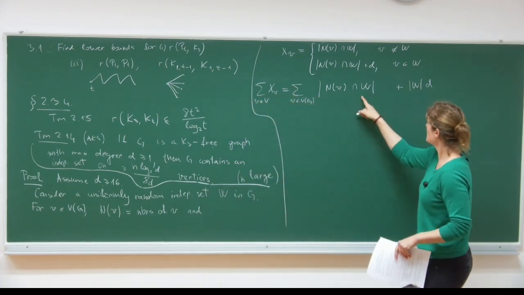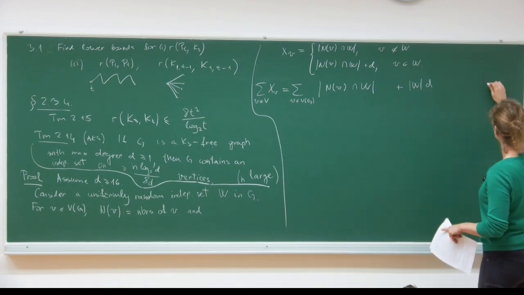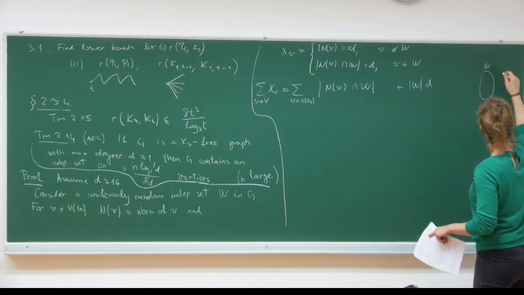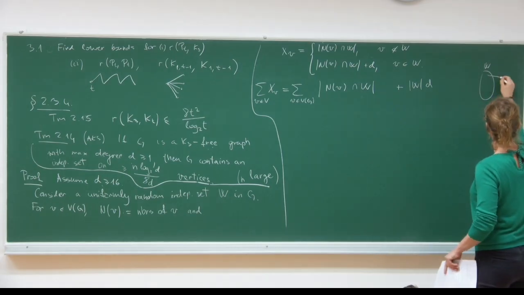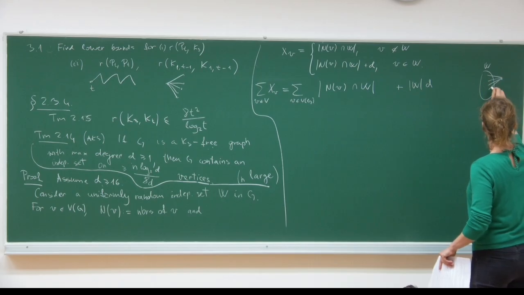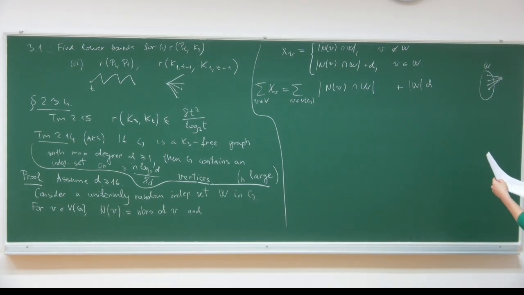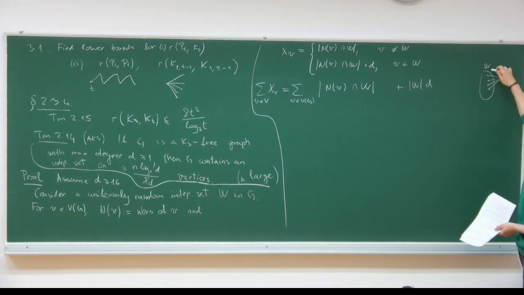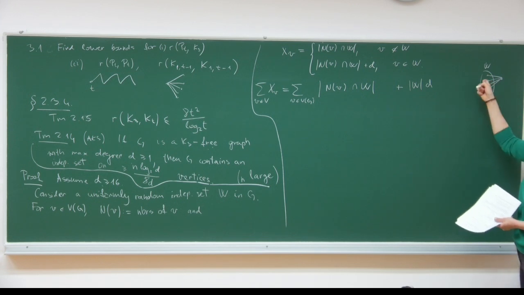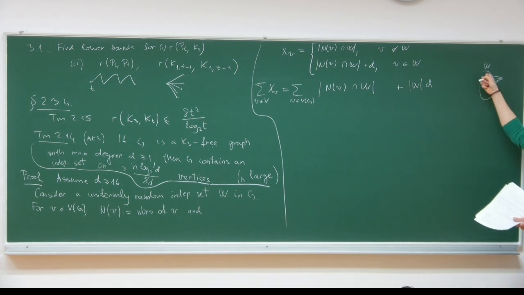Okay, so how can we reformulate this by double counting? Well, we have this W, and for each v, we count how many neighbors it has in W. But that's the same as counting from the perspective of W vertices. So we're counting for each u in W how many neighbors it has.